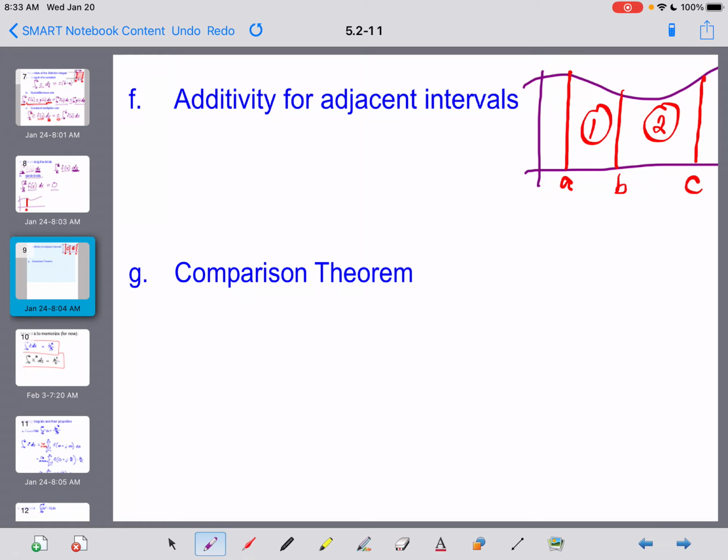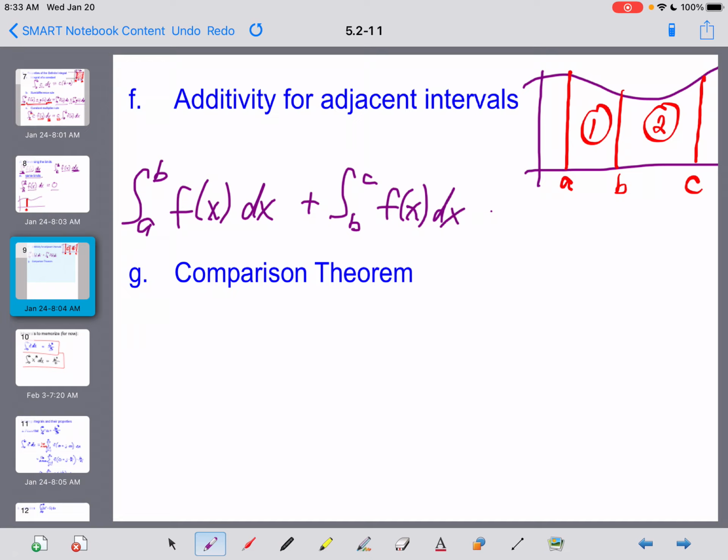The additivity property says that if you're going to take the area of region 1, which is the integral from a to b of your function, f of x, taken with respect to x, so that'll get you the area of region 1, and add to that the area of region 2, which is the definite integral starting at b and ending at c of f of x with respect to x, that could be more efficiently expressed as one big integral starting right here at a and going all the way to c.